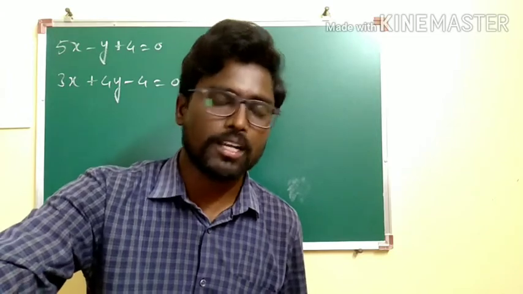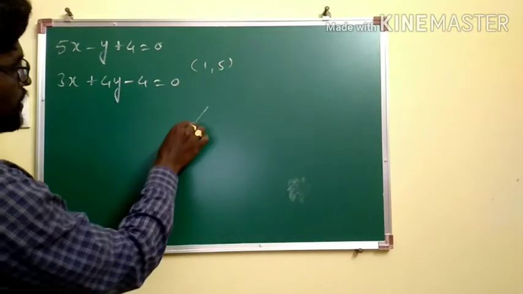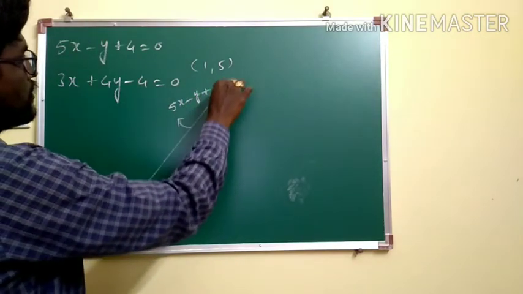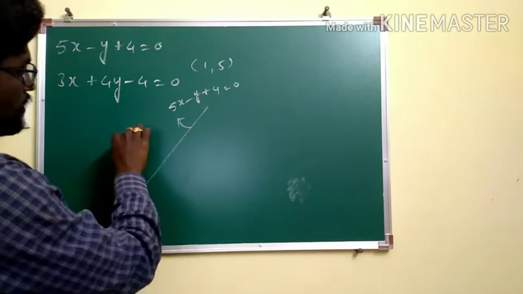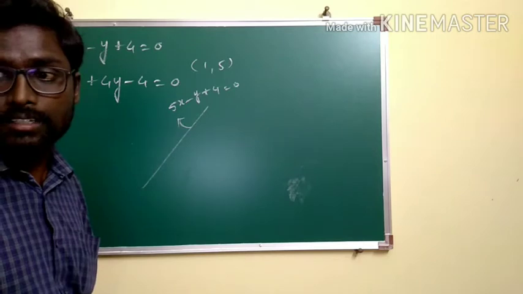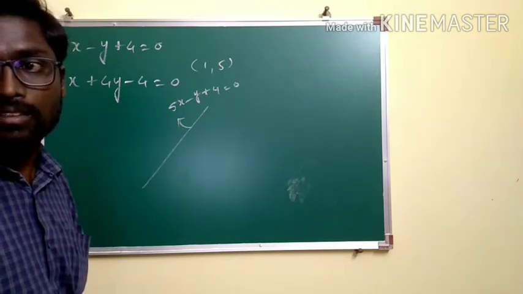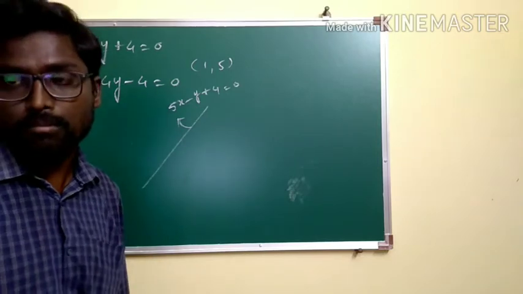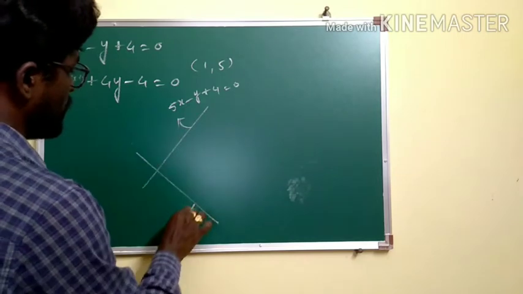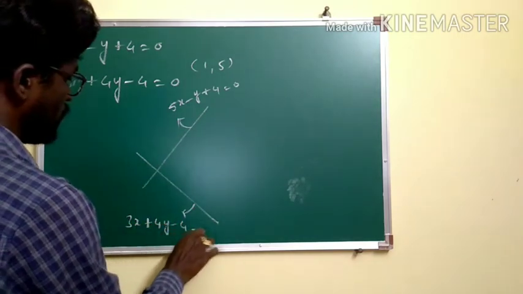What is the midpoint formula again here? If you take the two given lines like this, this is one line, 5x minus y plus 4 is equal to 0, and this is another line. It is said the line's segment is between the lines. Therefore, let's say this is the line 3x plus 4y minus 4 equal to 0.